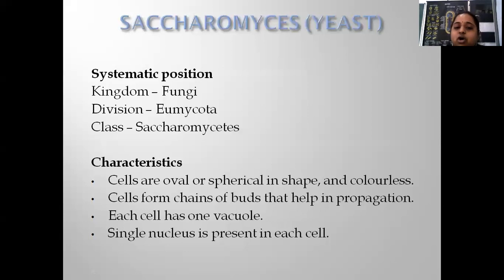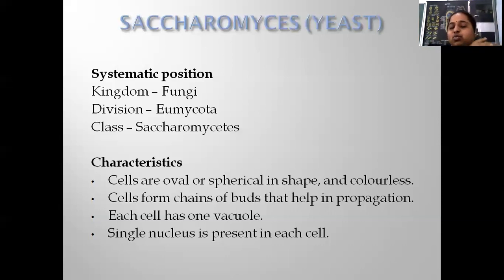And cells form a chain of buds. Bud formation takes place. This is how they undergo multiplication. This is the type of reproduction that yeast undergoes. Cells form a chain of buds that help in propagation, that is, further development. They will give rise to new yeast cells.